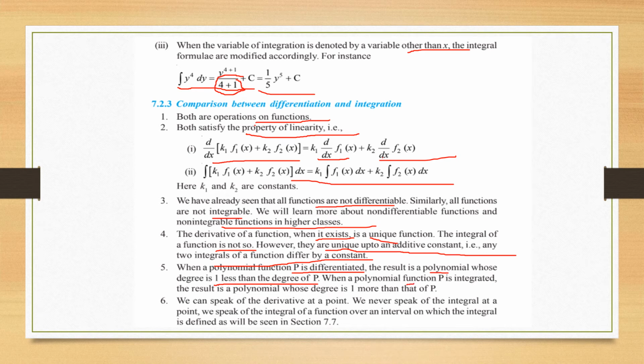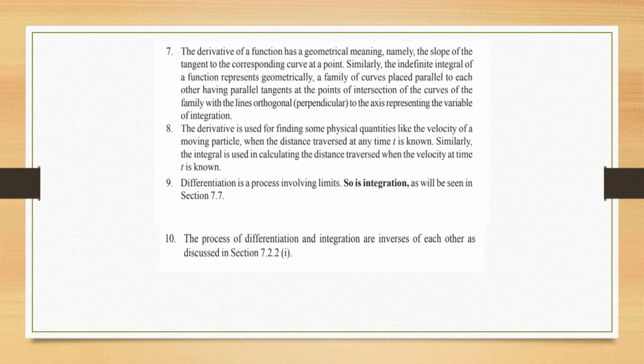Whereas when a polynomial function p is integrated, the result is a polynomial whose degree is 1 more than that of p. We can speak of derivative at a point. We never speak of integral at a point. We speak of integral of a function over an interval on which the integral is defined, as we will see in section 7.7.